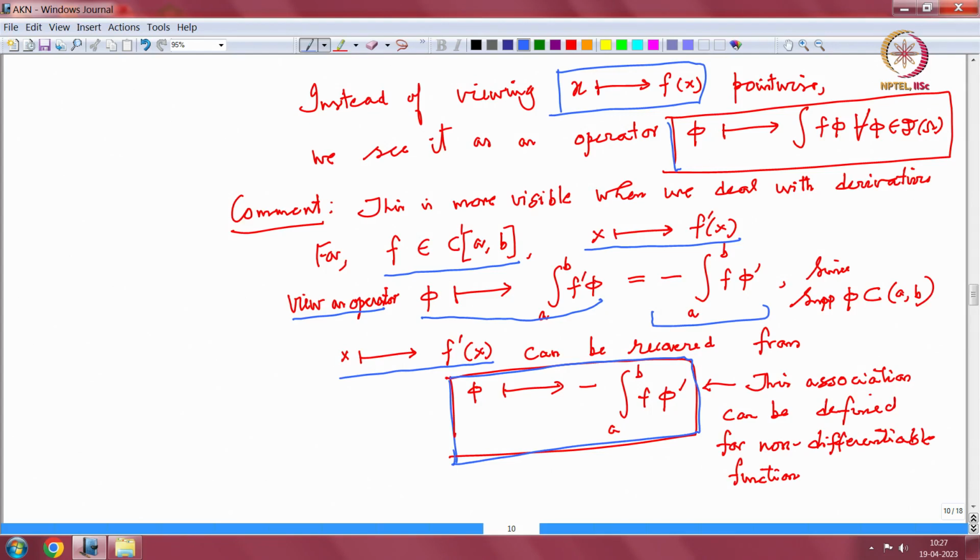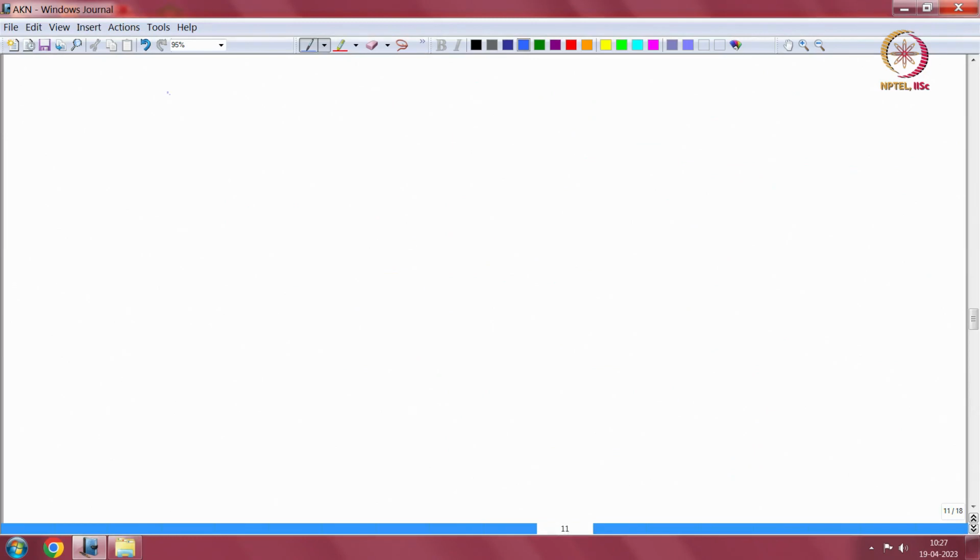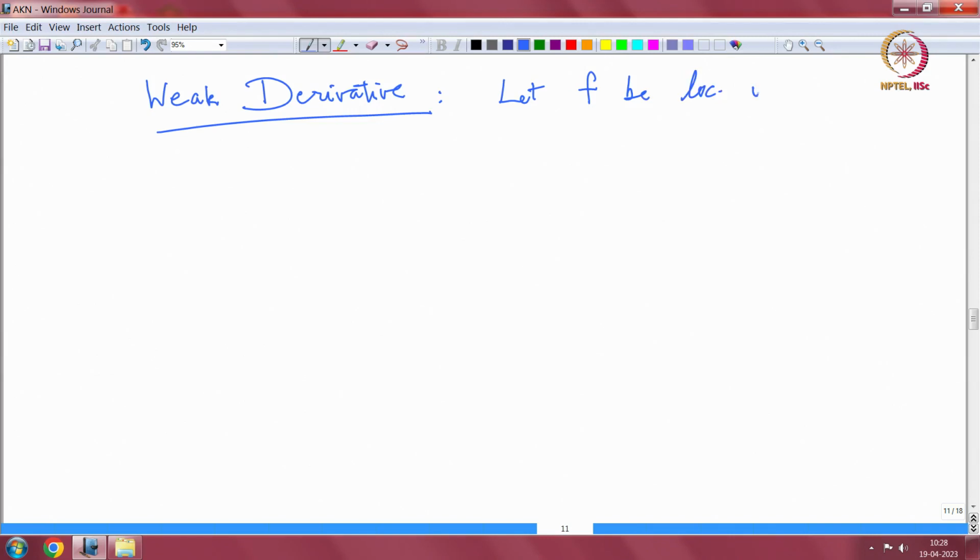It is enough to have a locally integrable function. So, that leads immediately to defining a different notion of derivative for non-differentiable functions. Let me get into that: a weak derivative. Let f be locally integrable.